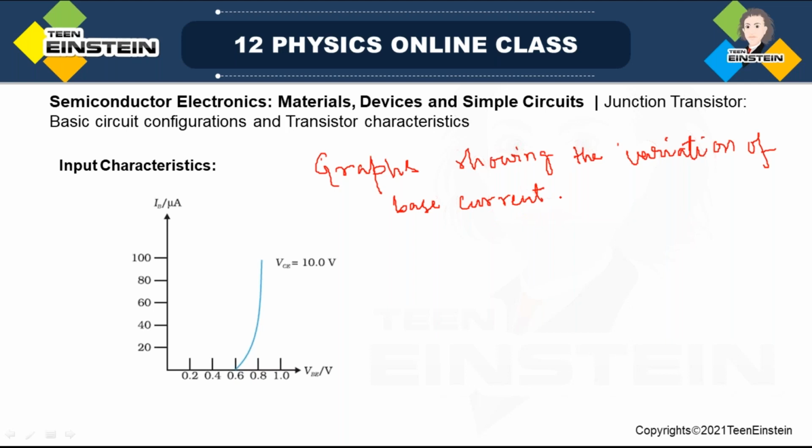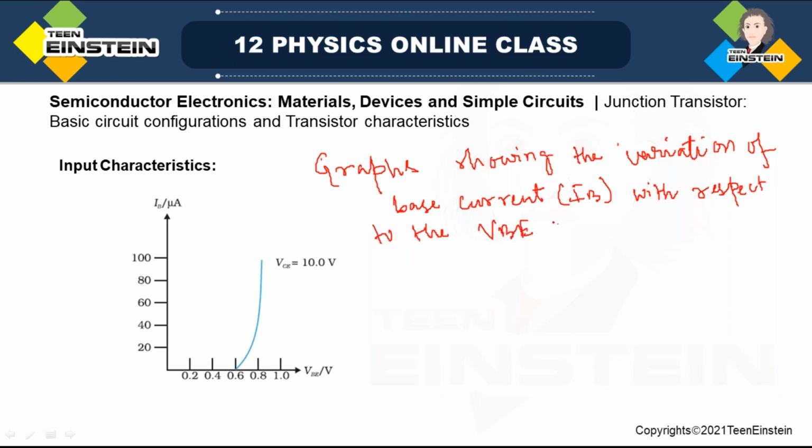So variation of base current IB with respect to the VBE voltage.